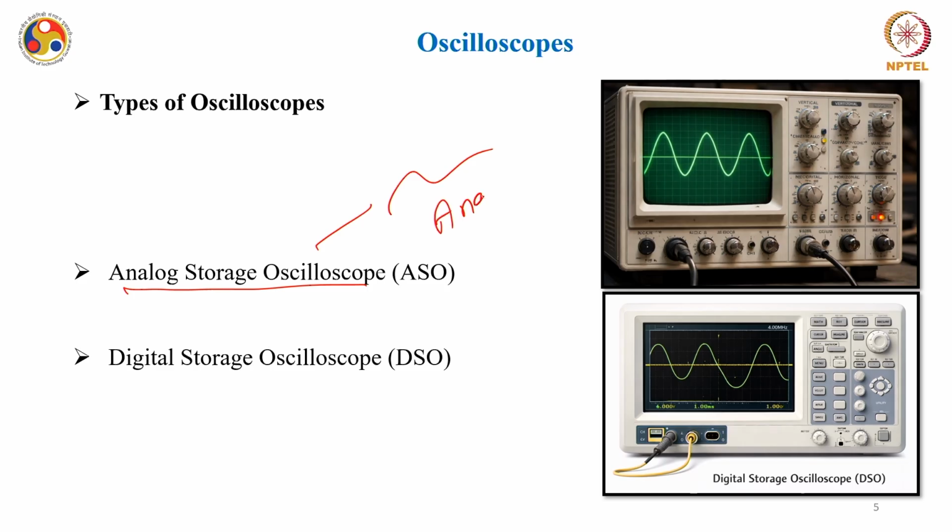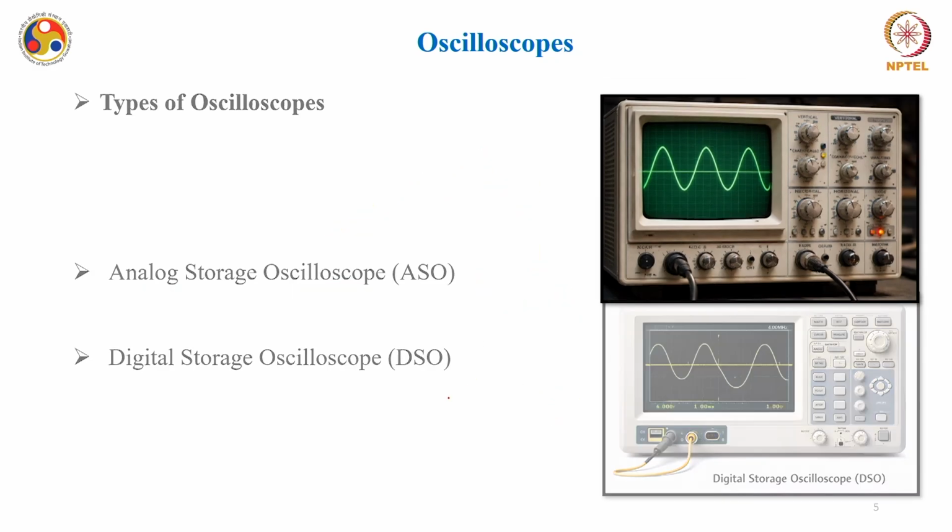When I say analog oscilloscopes, this means mostly CRO, cathode ray oscilloscope, and in this course we will mostly discuss basic kinds of CROs. Apart from this, we have mixed signal oscilloscopes available in the market, but for this course we will only discuss these two very briefly.